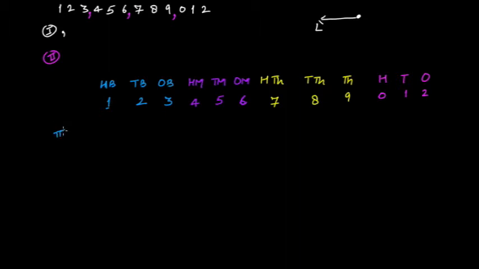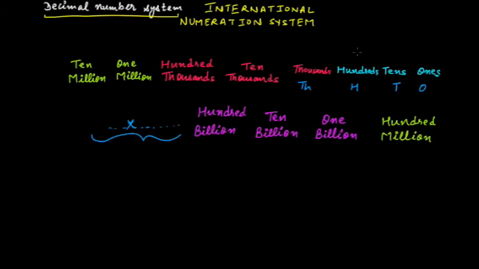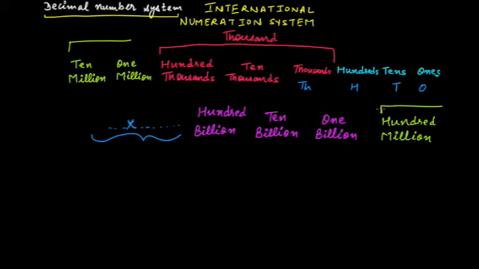The third step is to read this number. How would you read that? Let me go back, and if you could see here, this grouping was for thousand, and this grouping was for million, and up to here, because there was no space, therefore I wrote it here.